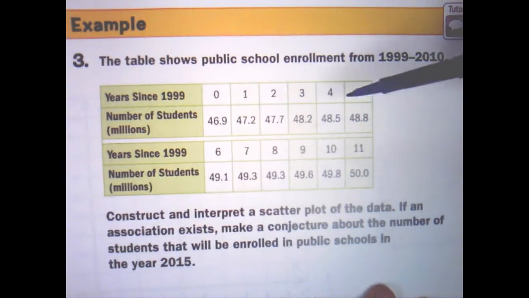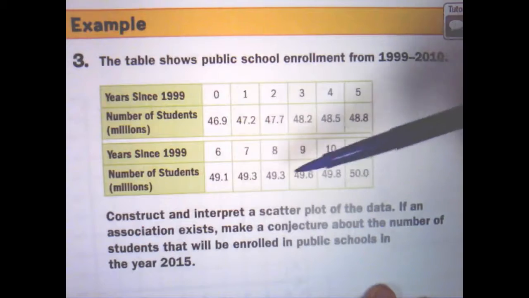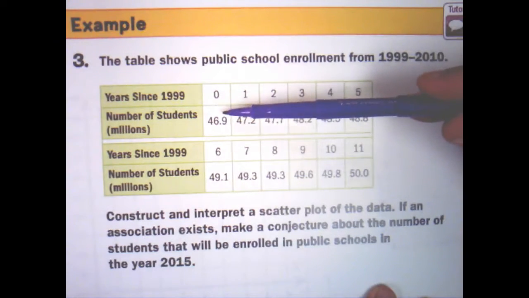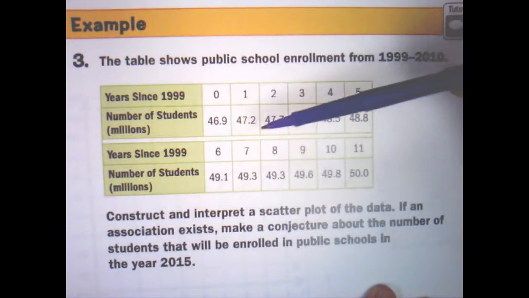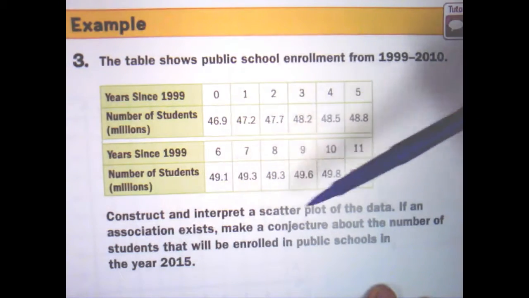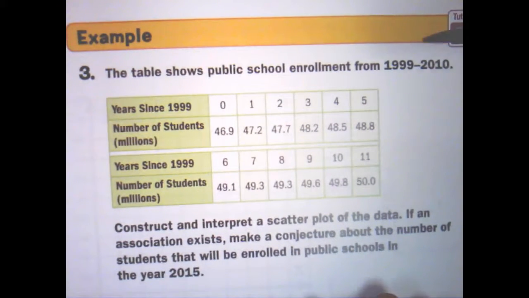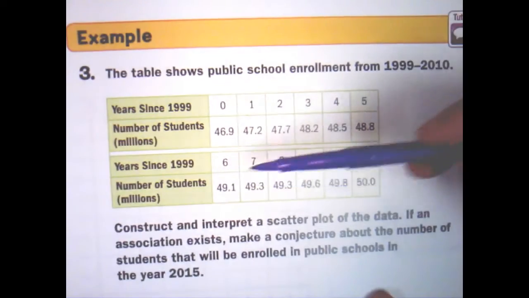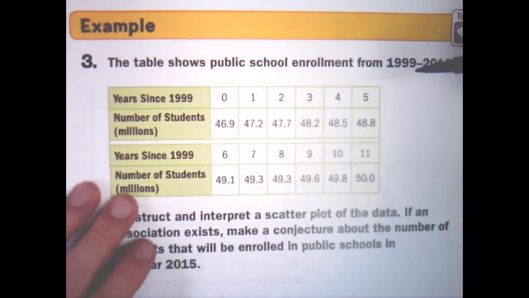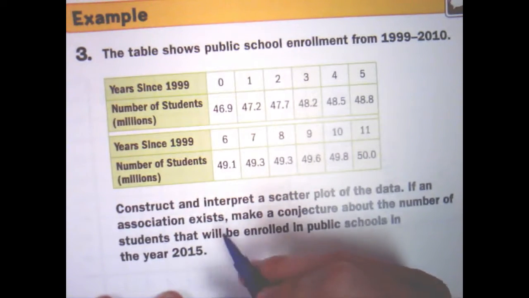You can see from these last 5 years it went from 49.1 to 50. In the first 5 years it went from 46.9 to 48, so it almost went up 2 million students there. Here it only went up about 1. So if the current trend continues, of going up 1 million students every 5 years, in 2015 we could say there would probably be 51 million students.